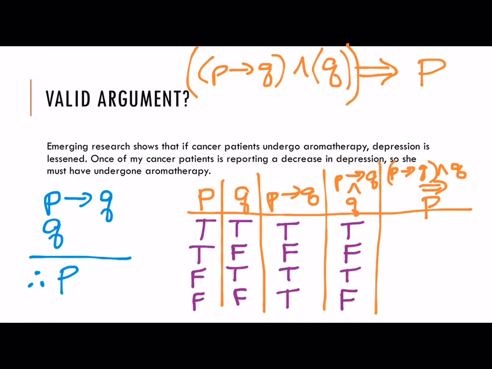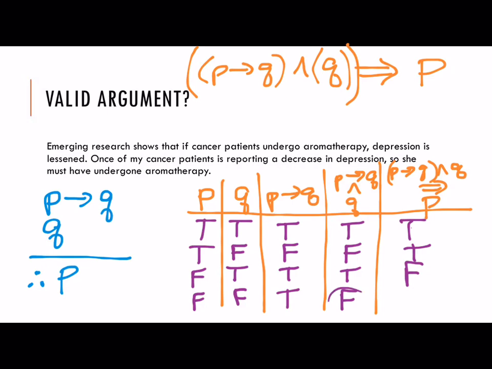Okay, and then finally, follow the rules for a conditional using the column that I just did. Does that imply P? So I'm going to read those two columns backwards. Okay, so I would have if true then true is true. If false then true, that's true. Okay. If true then false, well, that's false.